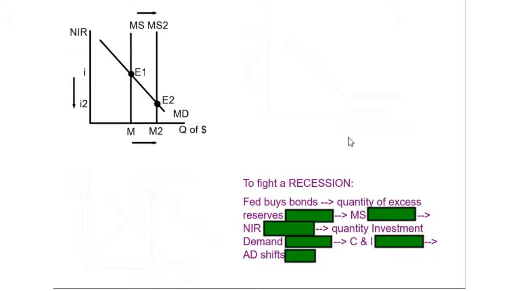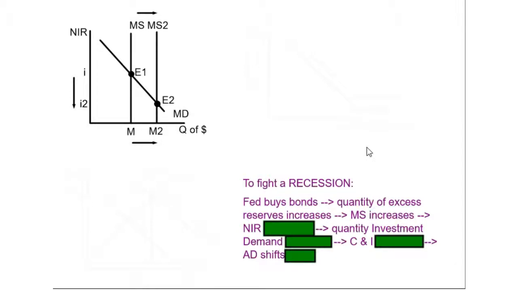If they buy bonds, the quantity of excess reserves that banks have will increase, because when the Fed buys bonds from commercial banks, they pay them with excess reserves. When banks have more excess reserves at their disposal, they're able to loan out more money. That will multiply and money supply will increase.